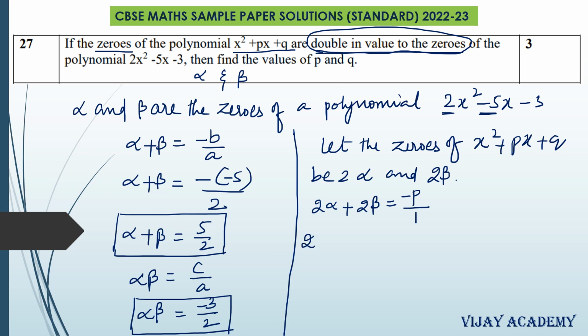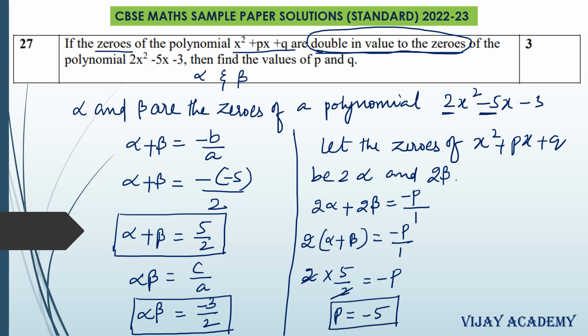We can write this as 2 times alpha plus beta equals minus p by 1. Substitute the value of alpha plus beta from the second polynomial: 2 times 5 by 2 equals minus p. The 2 and 2 get cancelled, and then we can write 5 equals minus p. So p is equal to minus 5.